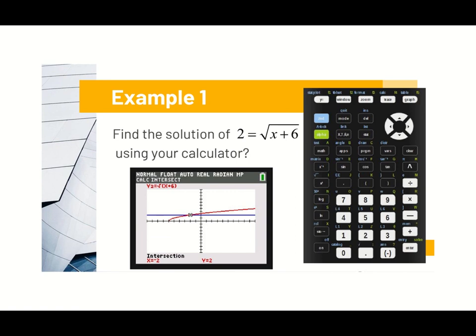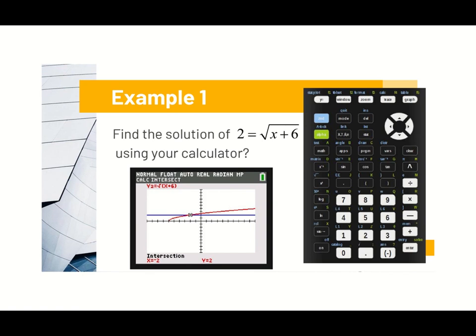Once you hit enter, it's going to bring you to a screen with a flashing cursor. At the bottom of the screen, it's going to say first curve, second curve, guess. Since we only have 2 curves and at most 1 intersection point, on first curve, hit enter, second curve, hit enter, guess, hit enter, and it's going to give you the exact intersection point.